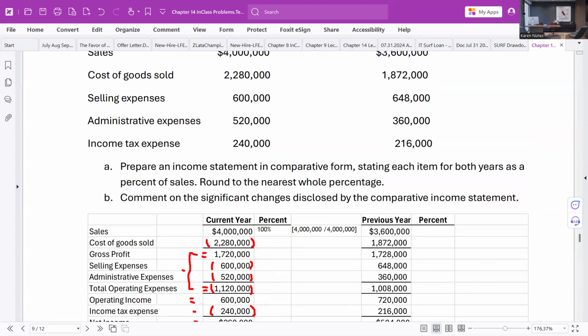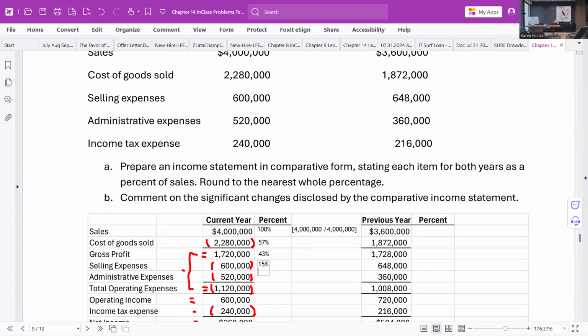So I'm going to enter each one separately. 57%. All of these are calculated by dividing the line item by sales, in this case the 4 million, and I'll put the calculations in as well.